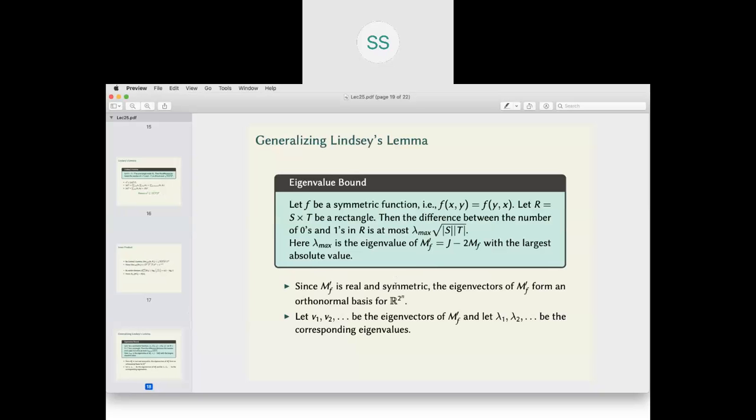Okay, so now we are going to see a generalization. So remember, in the case of Lindsay's lemma, it was just a lemma which we could apply for the inner product function, and we had this nice Hadamard matrix and all these interesting properties. Now let us see if we could say similar things for other functions. Like what could we say for other functions?